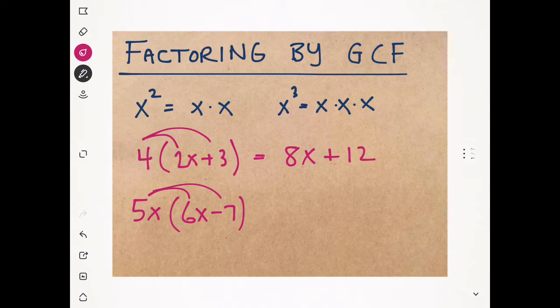If you remember from up here, x squared is equal to x times x. Well, we're going to do x times x, so we're going to get an x squared. So we have 5 times 6 is 30, and then x times x is x squared, so we'll have 30x squared. And then 5x times 7, well, it's minus, so we have to write that minus sign in there. 5 times 7 is 35, so we have 35x.